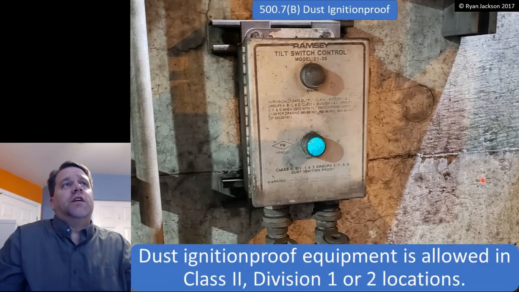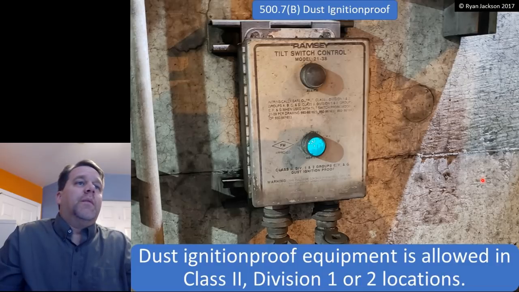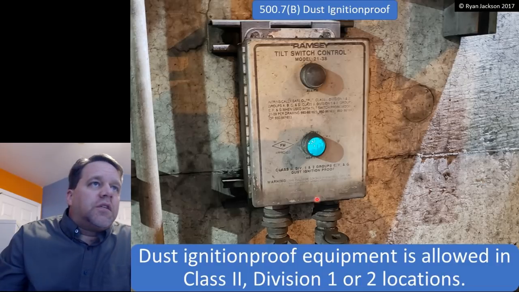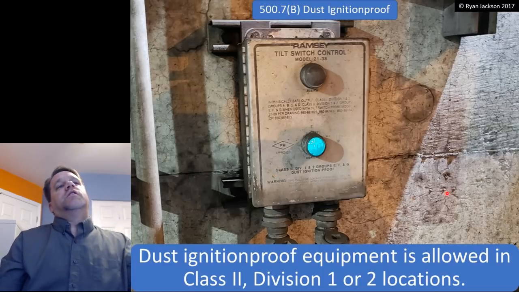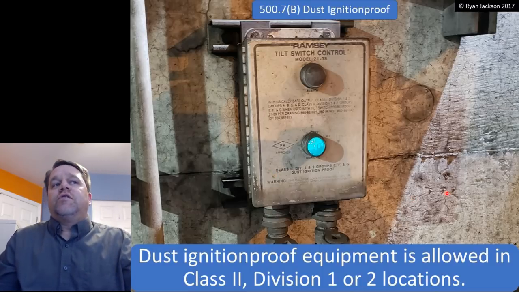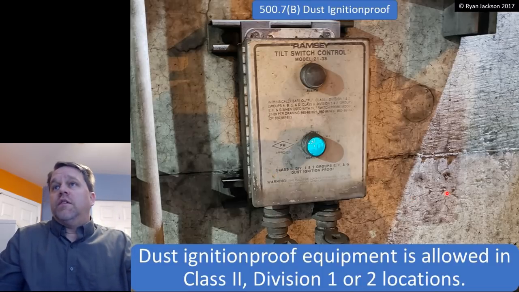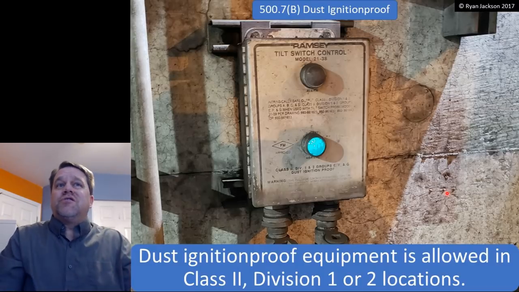Another protection technique is dust ignition-proof equipment. And you can see right there, dust ignition-proof. Dust ignition-proof equipment is allowed in Class 2, Division 1 or Division 2 locations. So dust ignition-proof is pretty much what it sounds like.